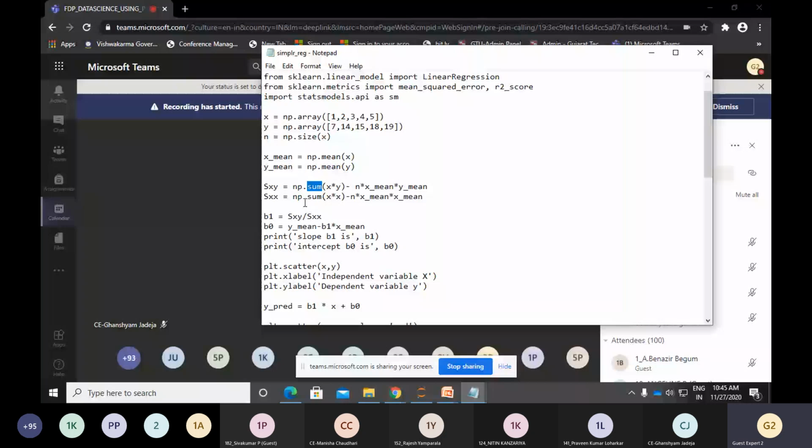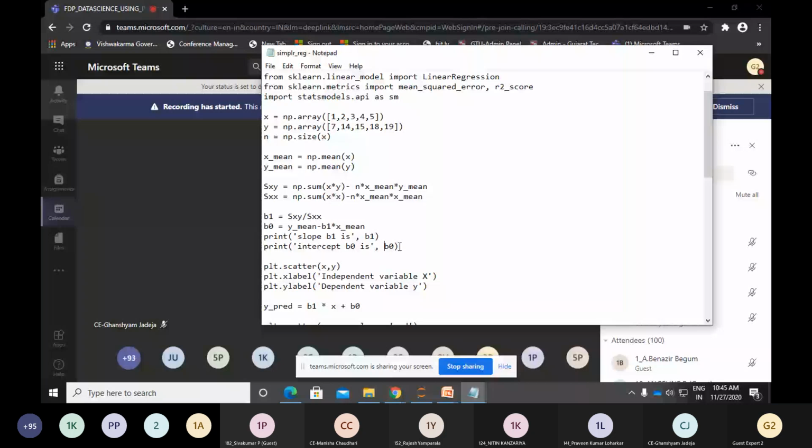So sxy and sxx are calculated. Then b1 is calculated, that is nothing but sxy upon sxx. Then b0 is computed, that is y mean minus b1 into x mean. The value b0 is theta 0 and b1 is theta 1. So the values of theta 0 and theta 1 are printed.